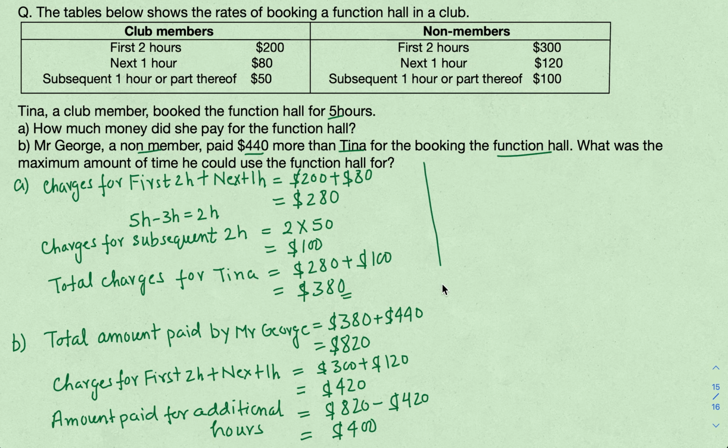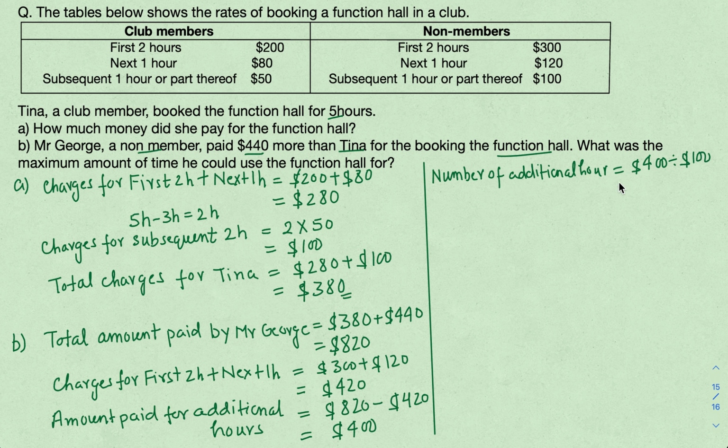That means the additional amount of money he has paid for subsequent hours is 400. From here we can find out how many additional hours he has paid for. For 1 hour it's $100, so for $400, how many hours can he get? $400 divided by $100 gives us 4.